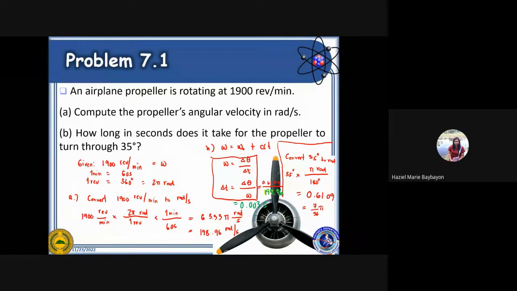So, dali ra kaayo kay makatuyok na siya 35 degrees in just a very small fraction of time because kusog man kaayo siya og angular velocity. Hinumdomi nga 1,900 revolutions kada minuto. So, gamay lang nga segundo, makatuyok na siya 35 degrees. Okay? So, any question for this problem?